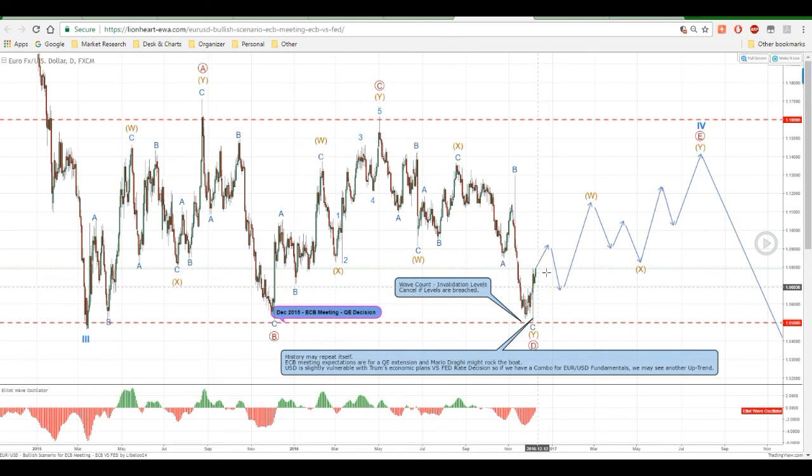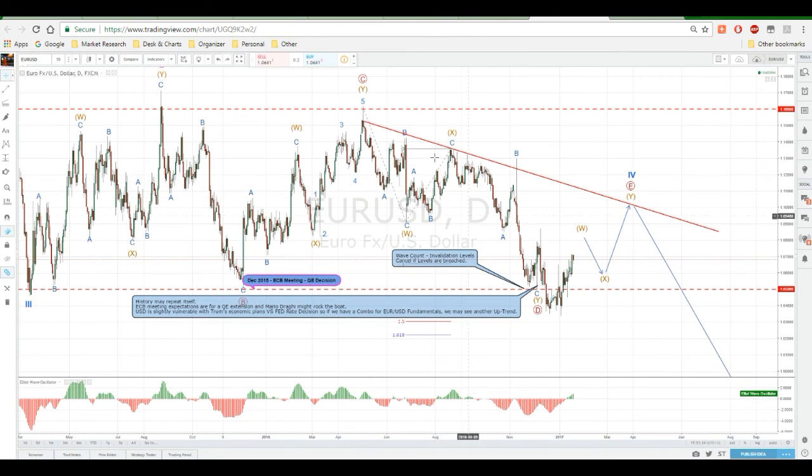However, I am expecting another rise, but this wave count is too ambitious, if I may say, because the E, let's say from this whole A, B, C, D, E, is too big. We'll most likely have this type of scenario following the trend line right here, and basically going on the upside, but on a smaller scale.